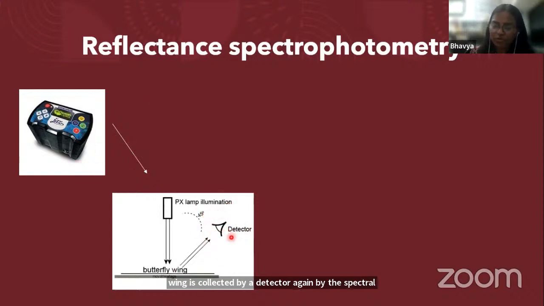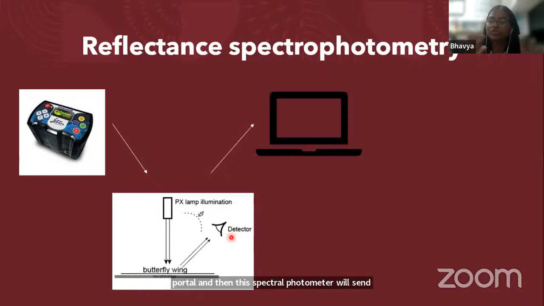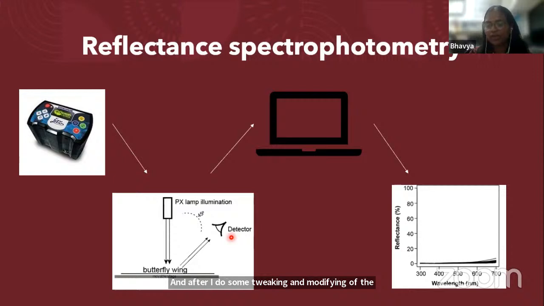Then the spectrophotometer sends whatever that reflected light is to your computer with the software, which can process the information in terms of reflectance. And after I do some tweaking and modifying of the spectra and try to clean up the data that we get, we finally end up with a reflectance spectrum, which I'm illustrating here.